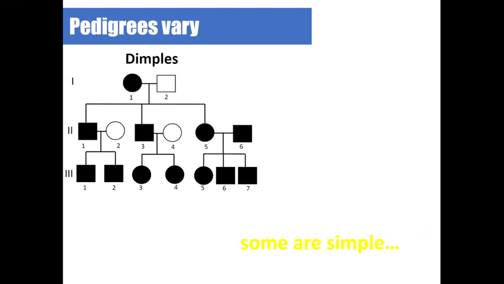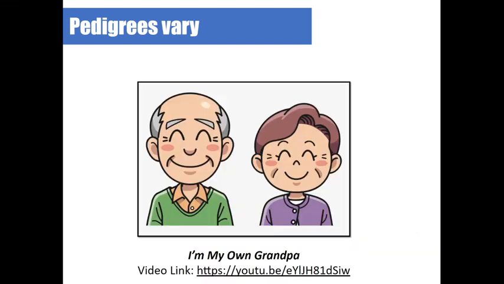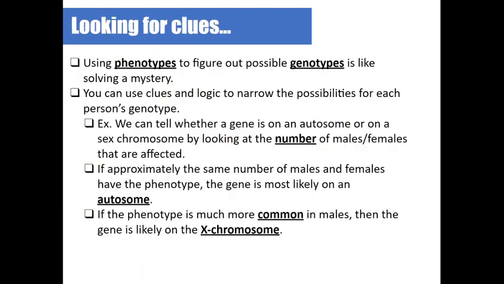Now, pedigrees will vary. Some are simple, and we're going to get into this a little bit later, but some are a little more complex. Using phenotypes to figure out possible genotypes is like solving a mystery. You can use clues and logic to narrow the possibilities for each person's genotype.